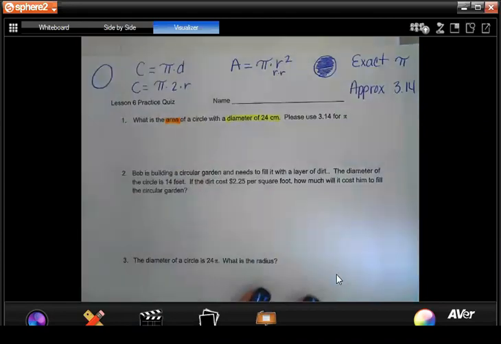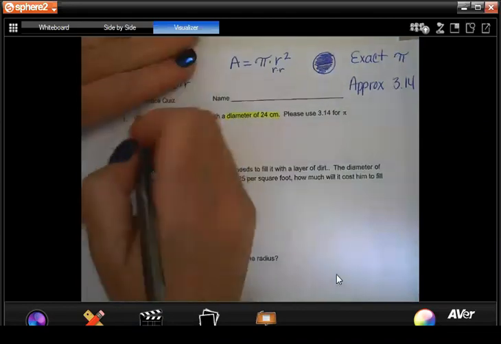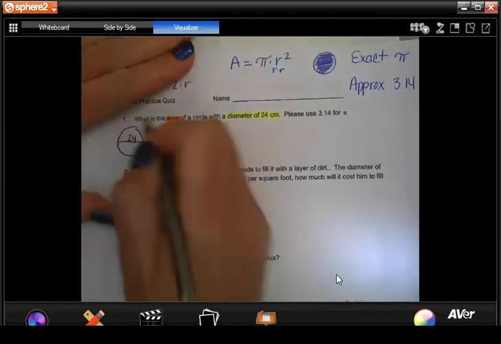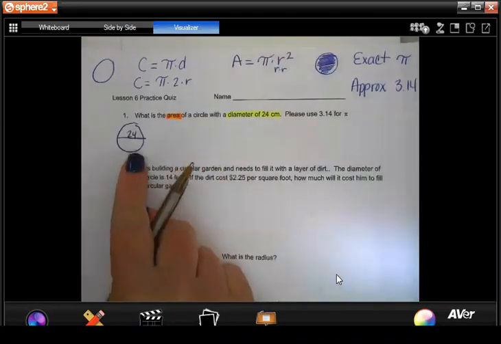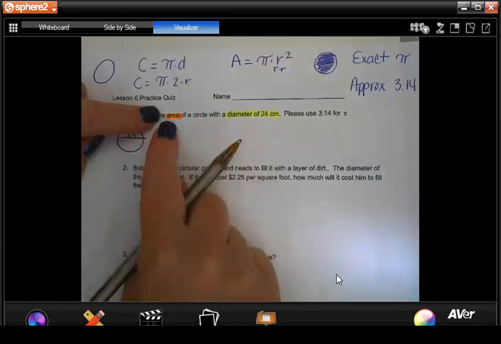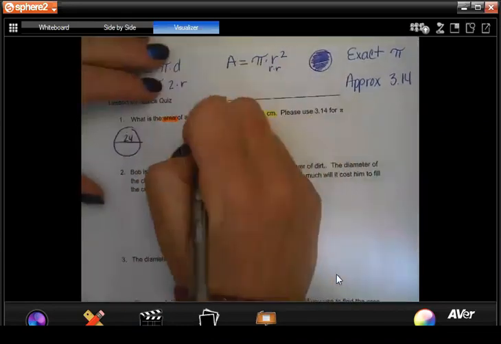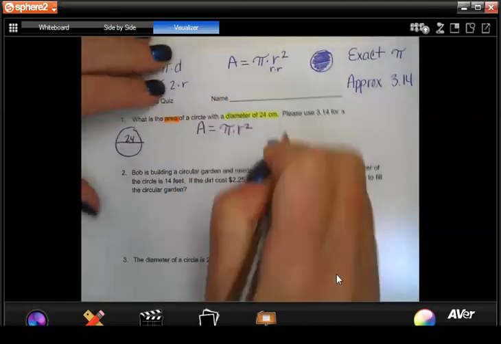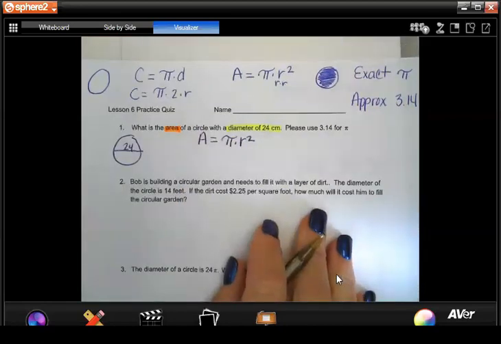Now, you guys might not be like me, but I have to do this. Here's my circle. Here's my diameter. The diameter goes from one side through the center to the other side. We are looking for area. So the formula, area equals pi times radius squared. Here's the problem.